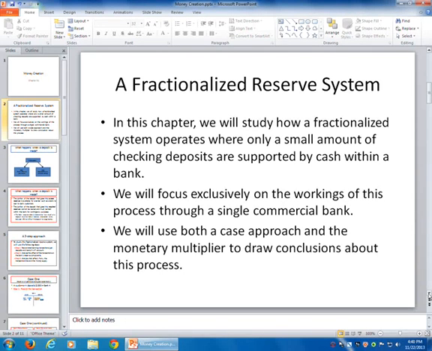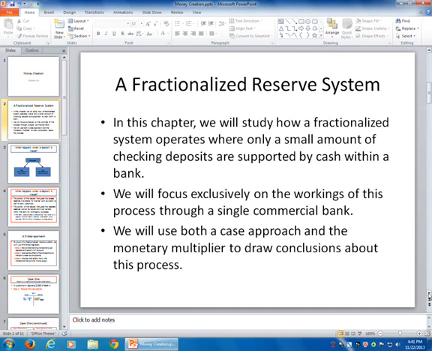Also, we're going to watch this process strictly as it works through a single commercial bank. The text also illustrates how the process works through multiple banks, but I think the principle can still be mastered by just focusing on a single commercial bank. To illustrate the fractional reserve system, I'm going to use both a case approach, and then a more efficient way of looking at it using something called the money multiplier.